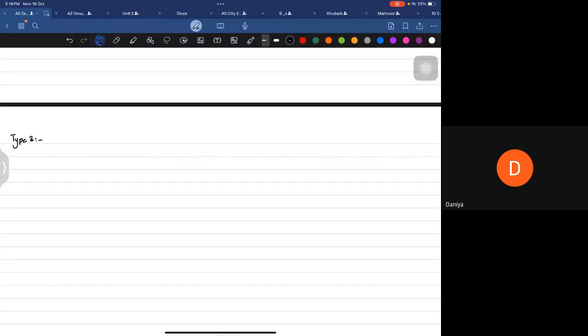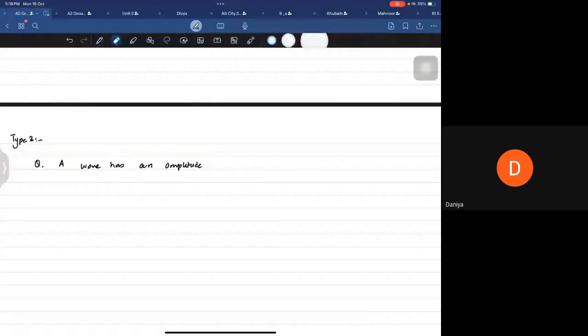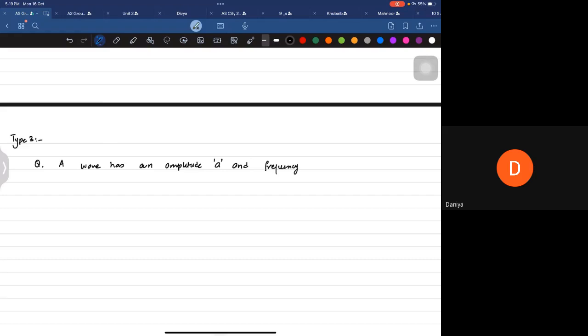So in a type 3 question, it says a wave has an amplitude A and frequency F. A new wave, which doubles the frequency and quarters the amplitude, is generated.